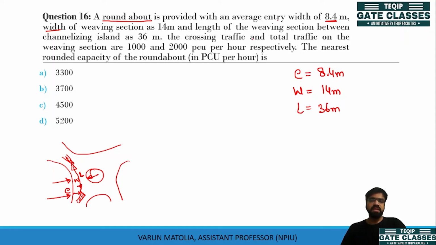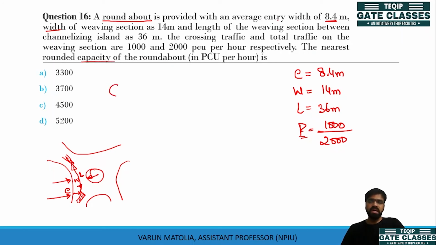We have the crossing traffic and the total traffic. So we have P value given as 1000, where P value is actually proportion of the traffic which is crossing this section. In terms of PCU, what is the nearest rounded capacity of the roundabout?